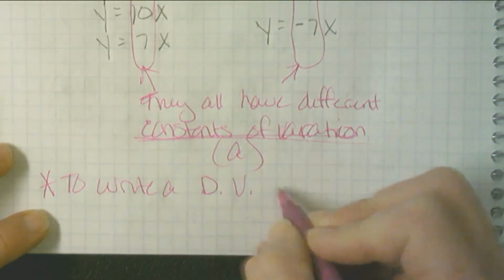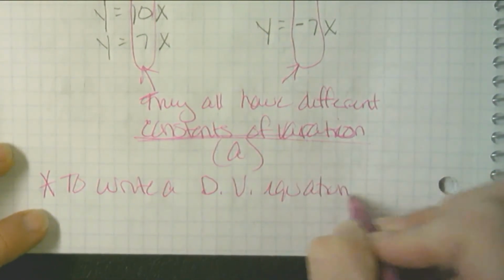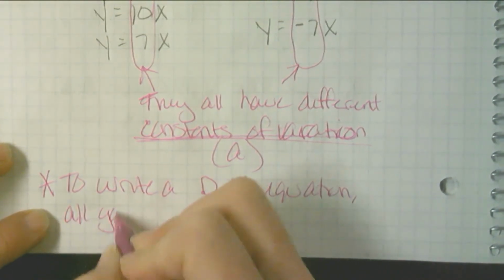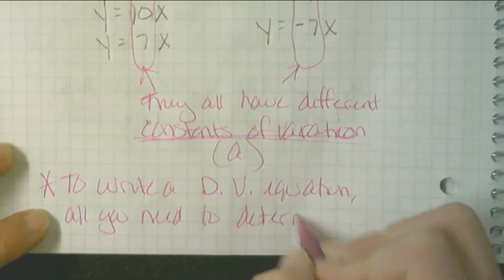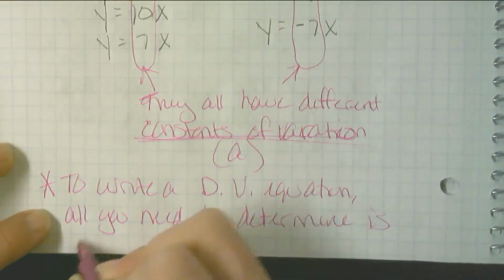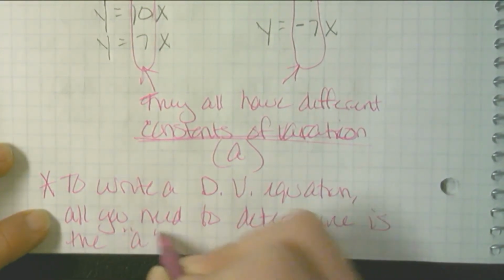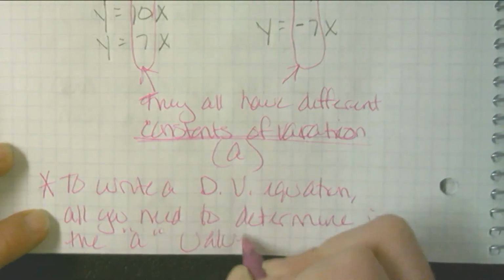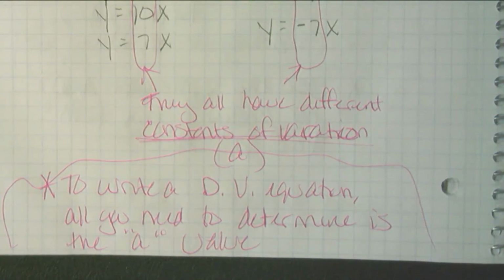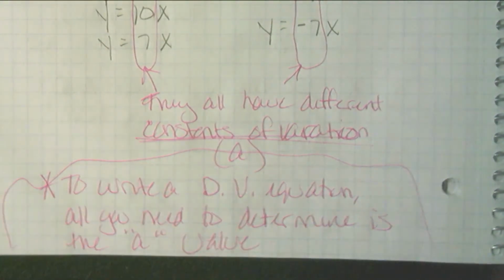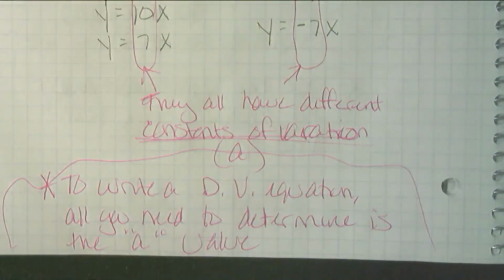All you need to determine is the A value. Tomorrow we're going to focus on story problems. Today, for the next couple minutes, we're going to focus on graphs. Okay?